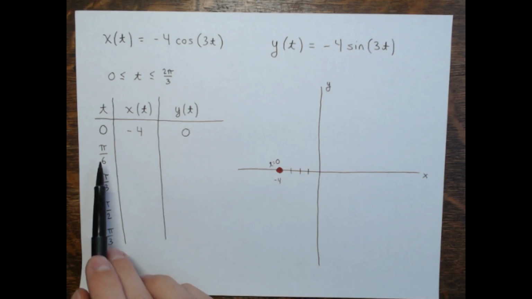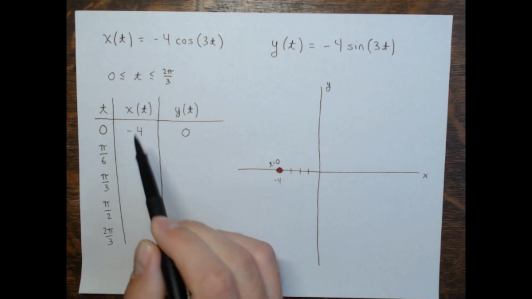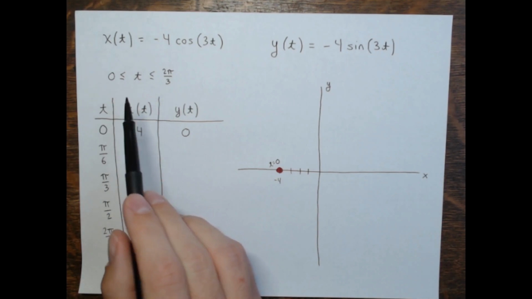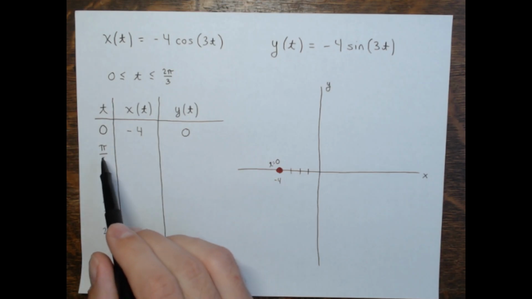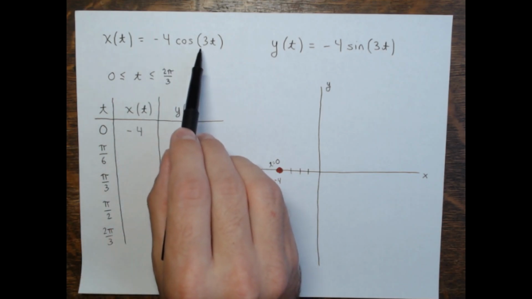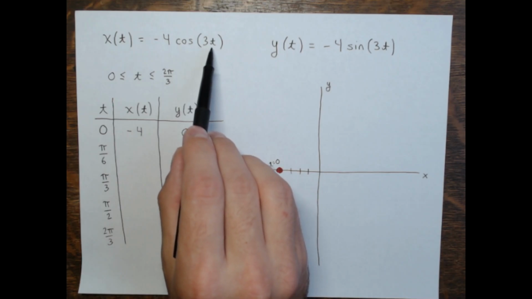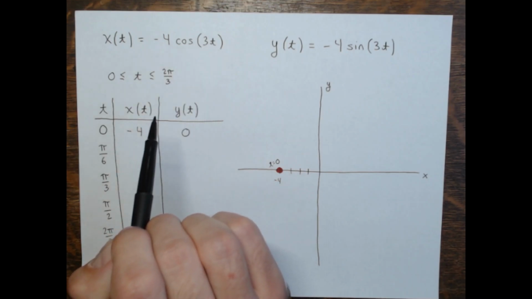Okay, when t equals the next value in my table, again, you don't have to plug these in. You can plug in any value you wish that's between 0 and 2 pi over 3. And I just picked some ones that I thought would be nice. When t is pi over 6, in the x equation, 3 pi over 6 is pi over 2. And remember, the cosine of pi over 2 is 0.